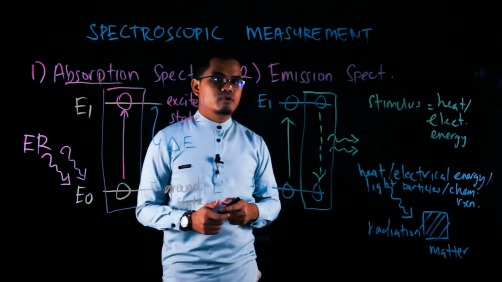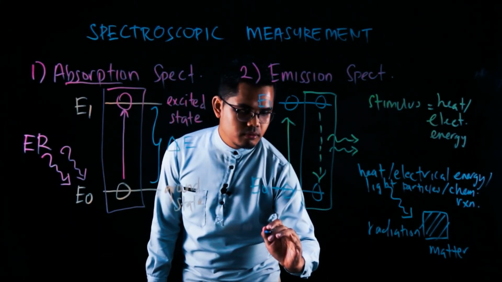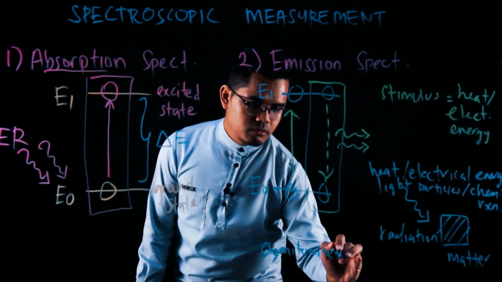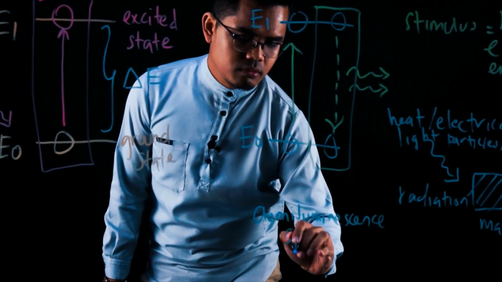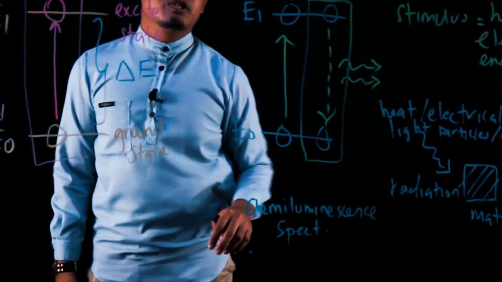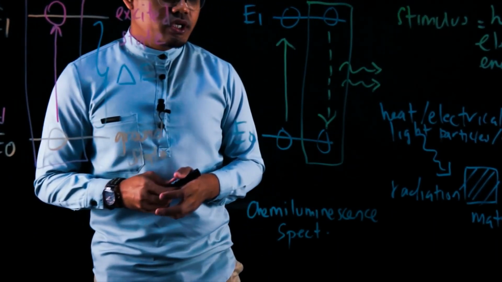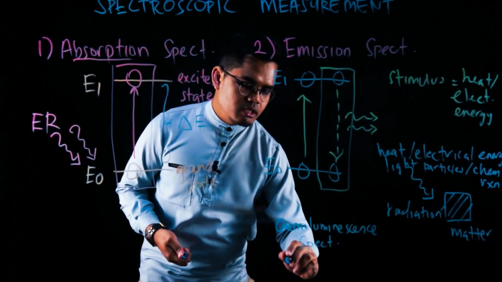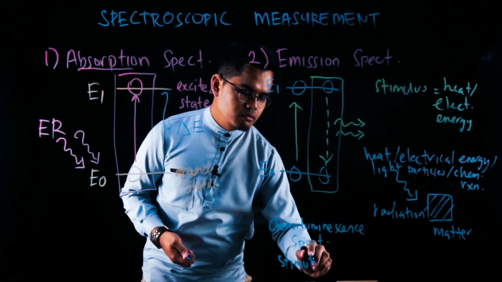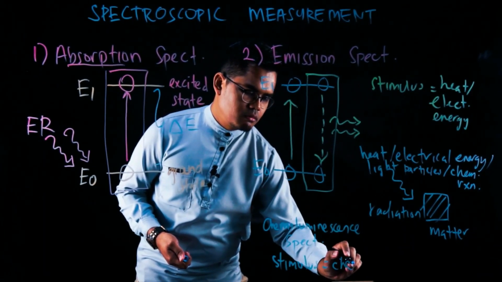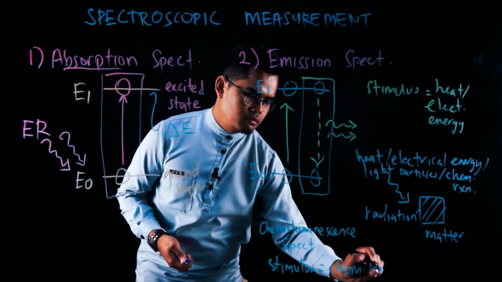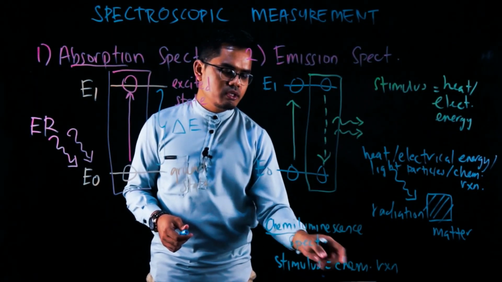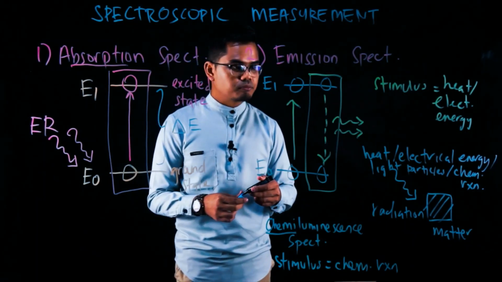Another term that you need to know is chemiluminescent spectroscopy. Chemiluminescent spectroscopy refers to the excitation of the analyte by a chemical reaction. That means the stimulus is a chemical reaction. You can see chemi in front of this word, so it's for stimulus by chemical reaction.